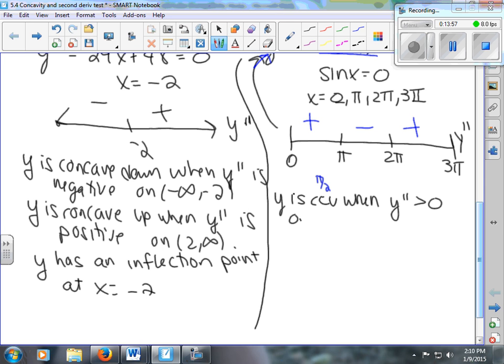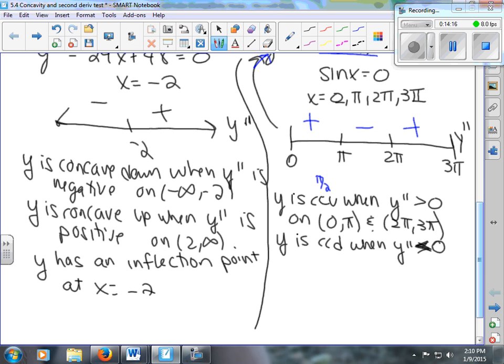So this is on the interval 0 to pi and 2 pi to 3 pi. And also y is concave down when y double prime is less than 0. And that would be on the interval pi to 2 pi.